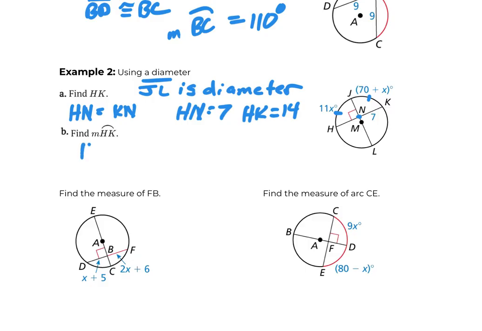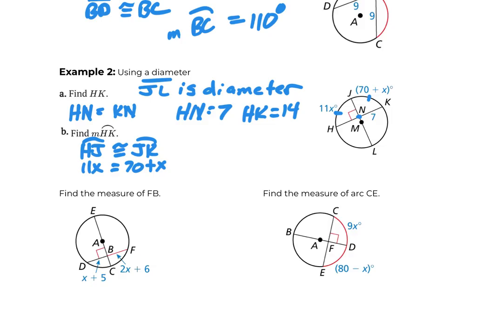So I know that HJ is congruent to JK. I know those two are congruent. And we know the expression for HJ is 11x. So we're going to take 11x and we're going to plug it in for HJ. And we also know that JK is 70 plus x.